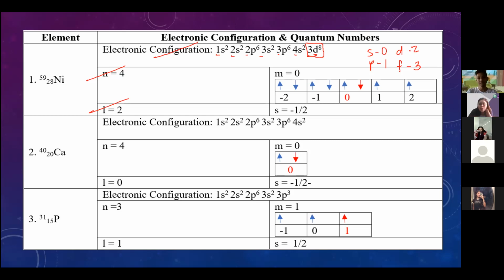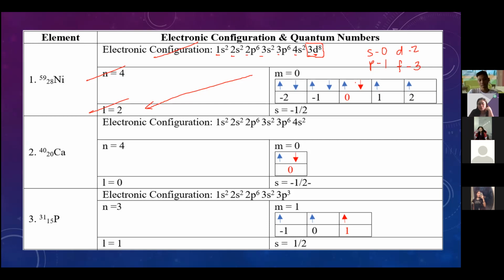And for the magnetic quantum number, that will be dependent on the azimuthal quantum number. Since that is 2, it means na d yan siya, meron tayong 5 orbitals. So as you can see in the table, you have there 1, 2, 3, 4, and 5 orbitals. We will be filling this with the electrons found in the last configuration, and we will follow this numbering.